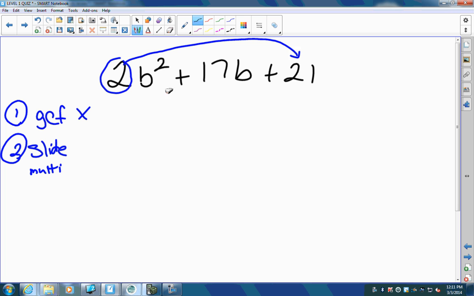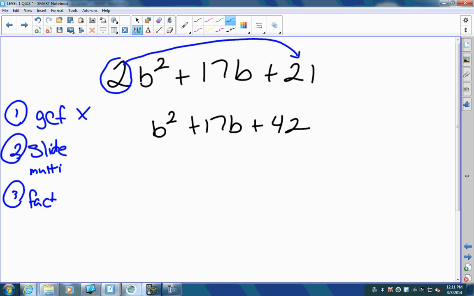Some people ask me, do I have to use b squared? Can I use x? You can change it to an x if you want to. 2 times 21 is 42. Now, after you slide, now we go through and we factor. So when we factor, we split it up into 2 parentheses.